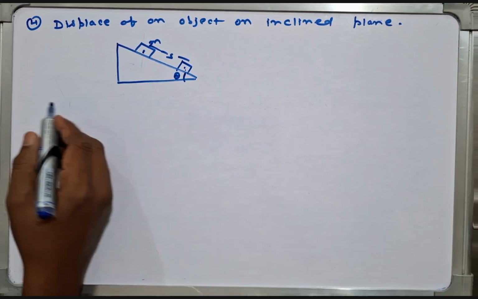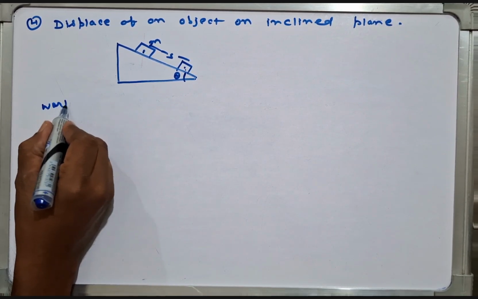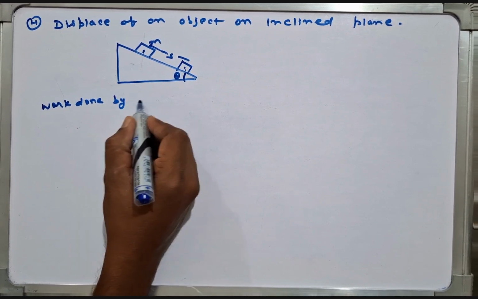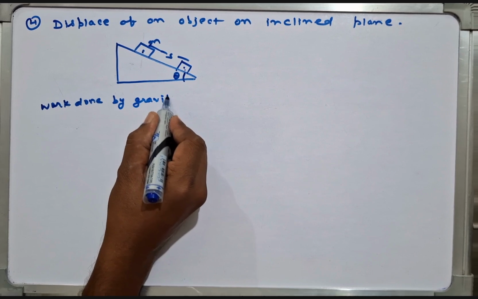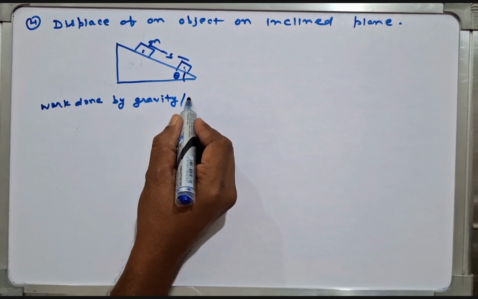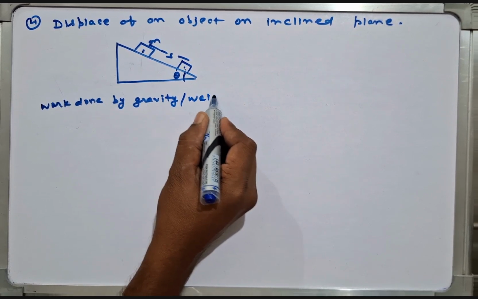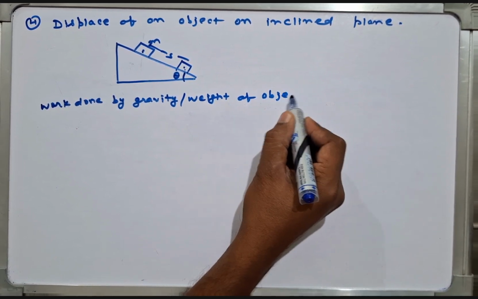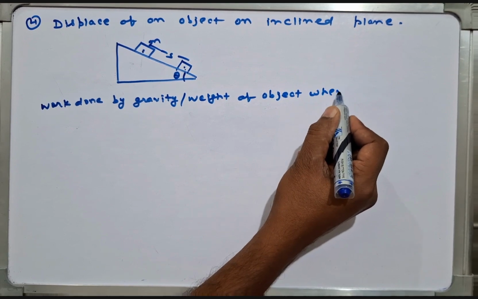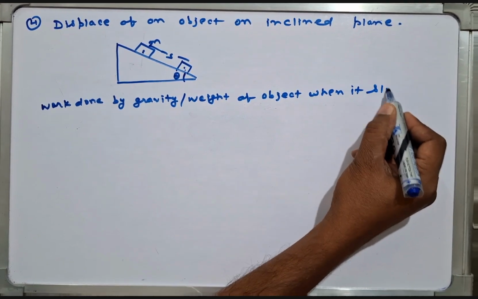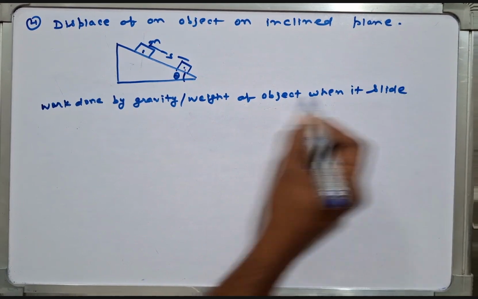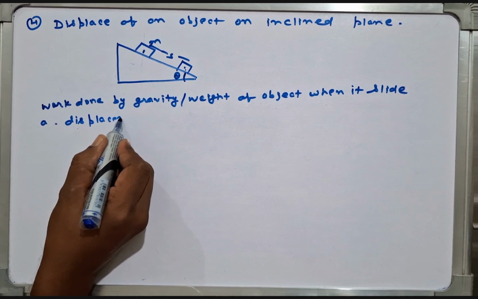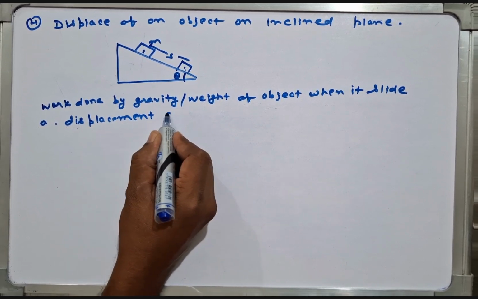Okay, so the work done by gravity, or you can say the weight of the object, when it slides a displacement, say s.